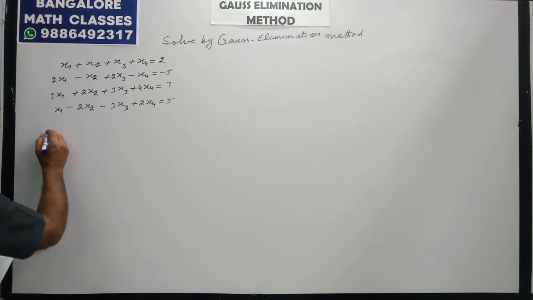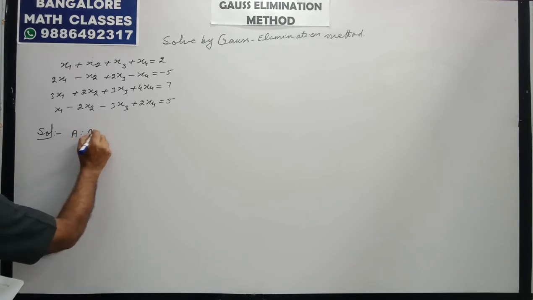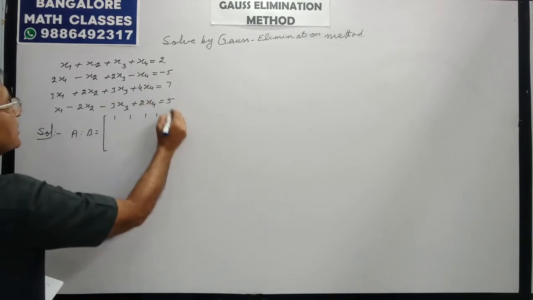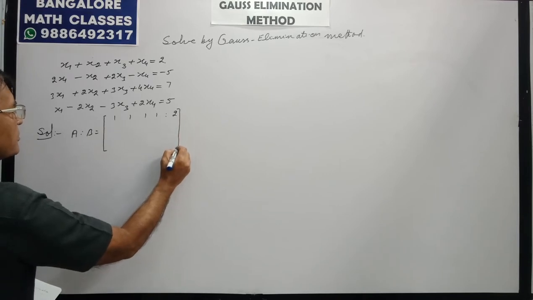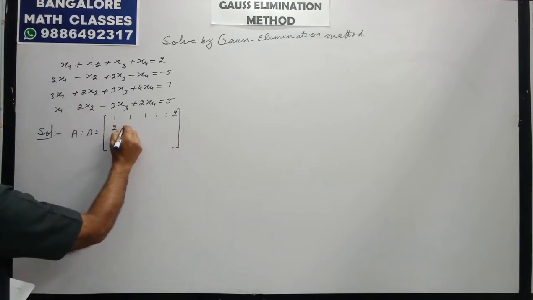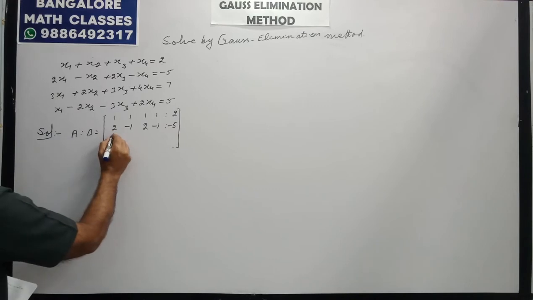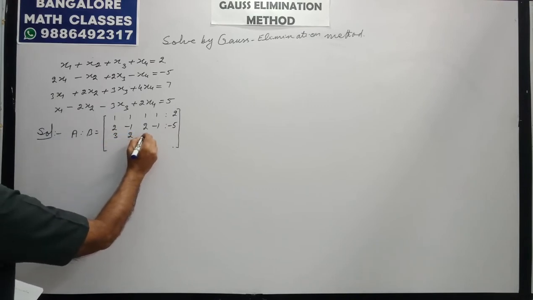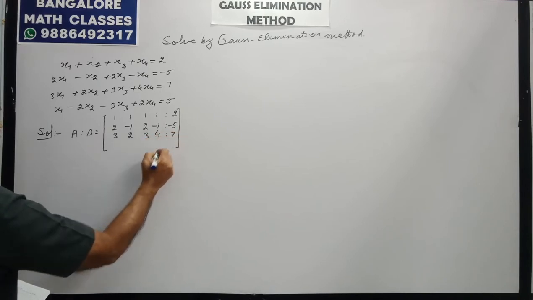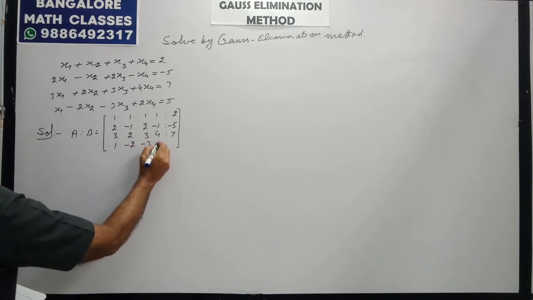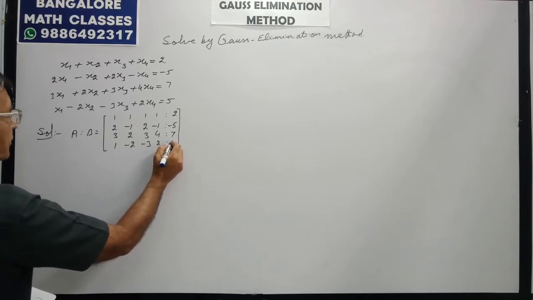See how to solve it. Go for the augmented matrix. 1, 1, 1, 1, augmented entry 2. 2, minus 1, 2, minus 1, minus 5. 3, 2, 3, 4, 7. 1, minus 2, minus 3, 2, 5.